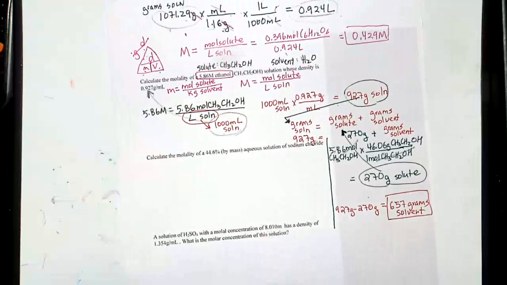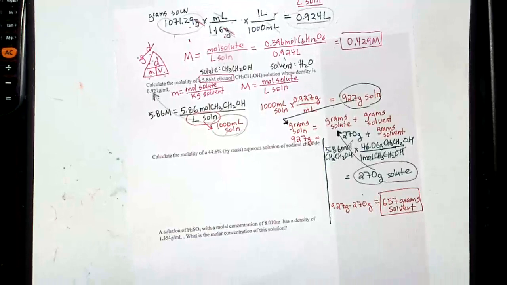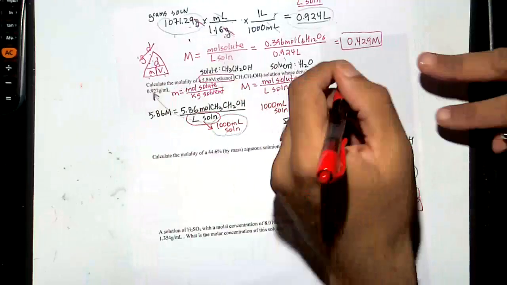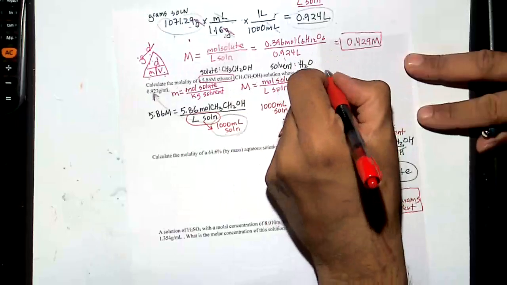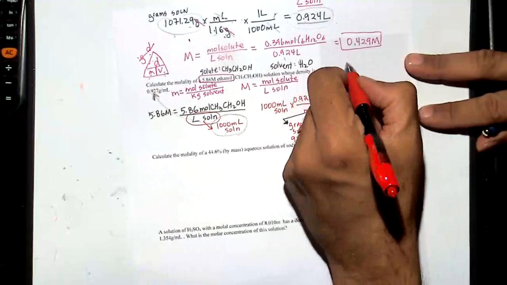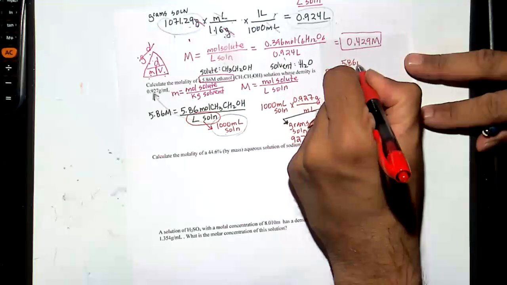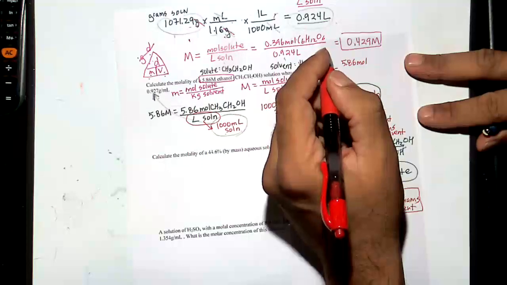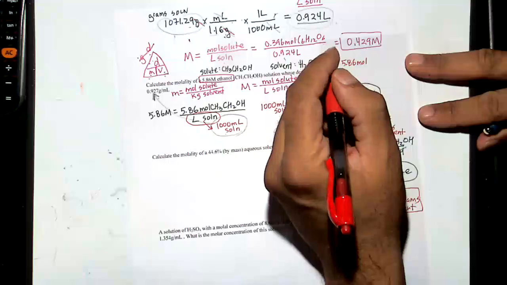All right, and now I think we have all that we need to solve this problem. Molality is moles of solute. What is our moles of solute? 5.86, right?